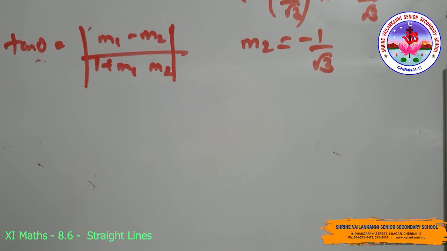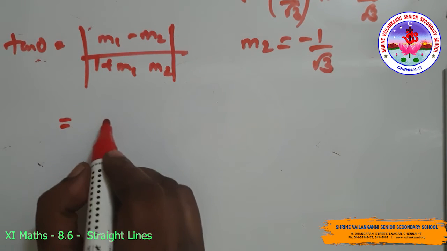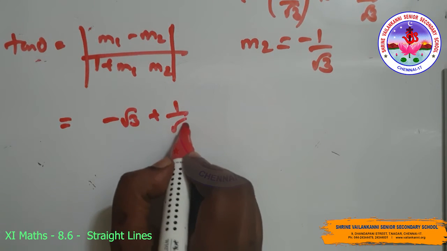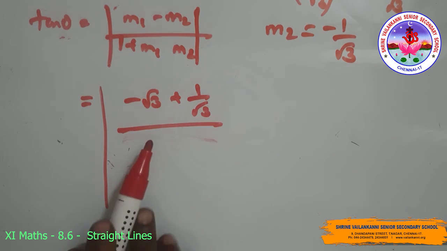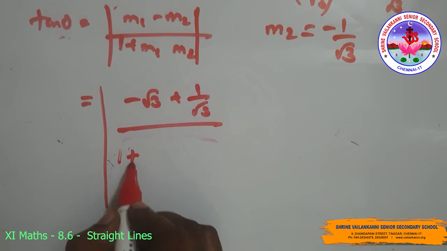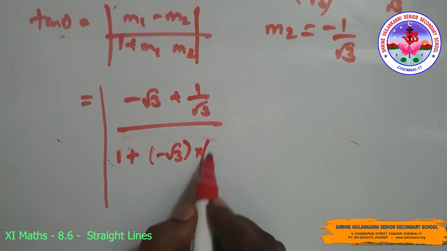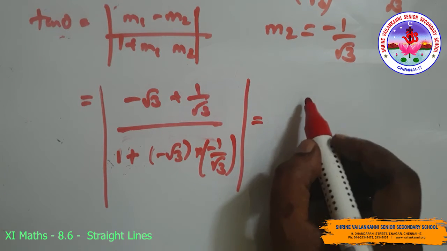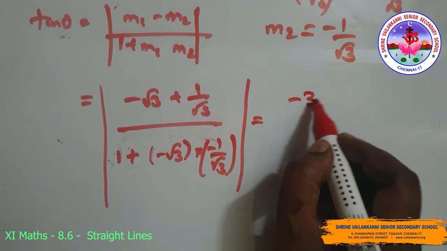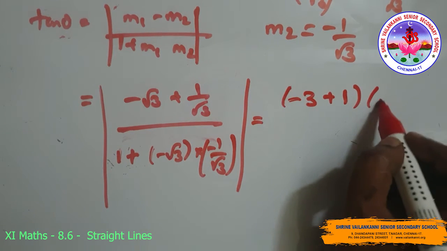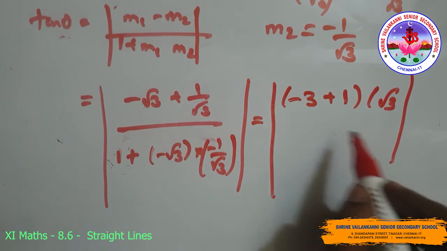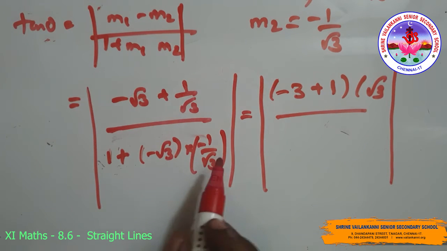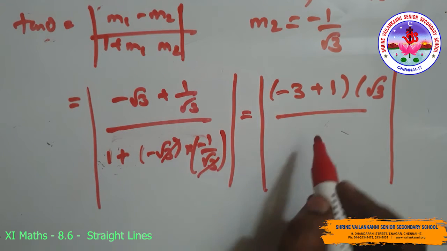The acute angle theta between the two lines is given by tan theta equal to modulus of (m1 minus m2) by (1 plus m1 into m2), which is equal to modulus of (minus root 3 plus 1 by root 3) by (1 plus minus root 3 into minus 1 by root 3), which is equal to (root 3 into root 3, which is 3, minus 3 plus 1) whole by root 3, divided by root 3 and root 3 will get cancelled, so 1 plus 1.